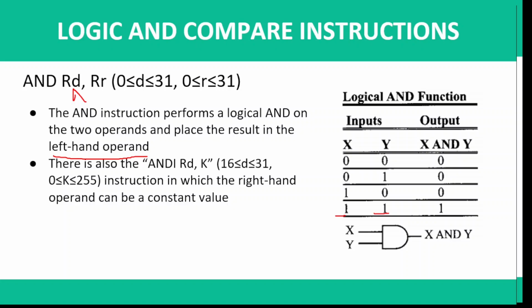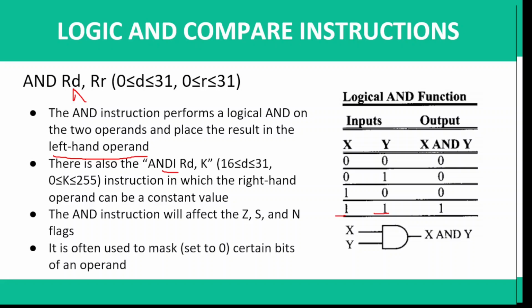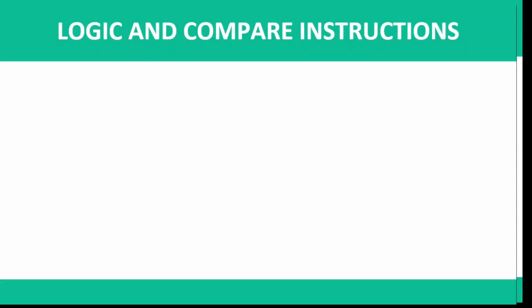So our destination register is from 16 to 31 for ANDI. The AND instruction will affect the Z, S, and N flags. It is often used to mask, to set to 0, certain bits of an operand, so that certain bits or certain nibbles are zeroed.